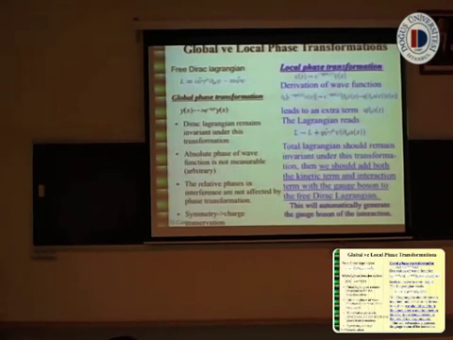For the local phase transformation, there is an extra term like this, because the phase factor in the transformation is x dependent. Then if we differentiate with respect to x, there will be an extra term, because in the global case there is no x dependence.